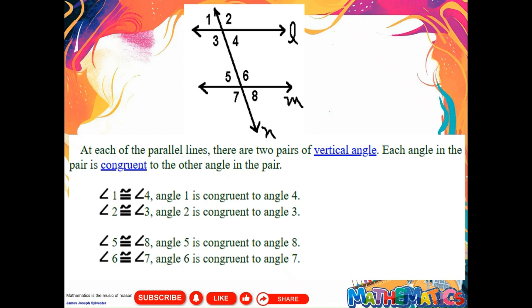Each angle in the pair is congruent to the other angle of the pair, such as angle 1 is congruent to angle 4, angle 2 is congruent to angle 3, angle 5 is congruent to angle 8, and angle 6 is congruent to angle 7. Why? Because they are vertical angles.